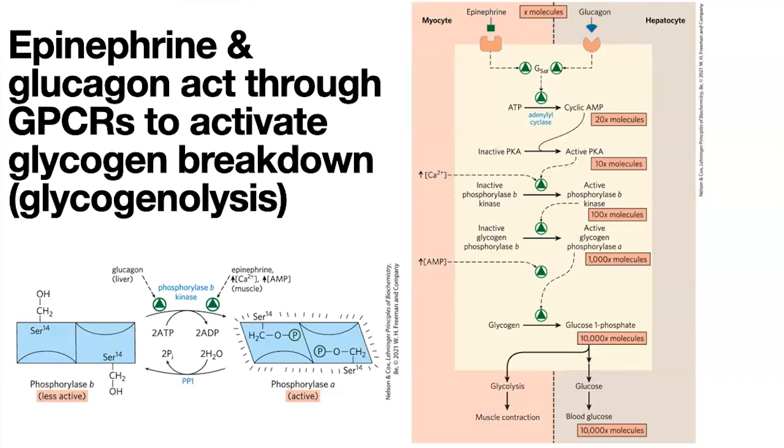We also need to be able to get the signal that we need to break down some sugar because we really need energy. And so we see with glucagon and epinephrine, our adrenaline, they both can have an effect on stimulating glycogenolysis, so basically stimulating that glycogen breakdown.